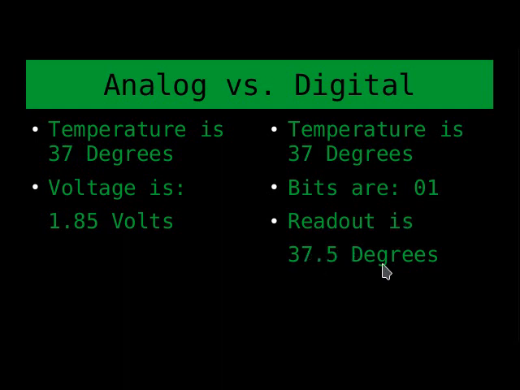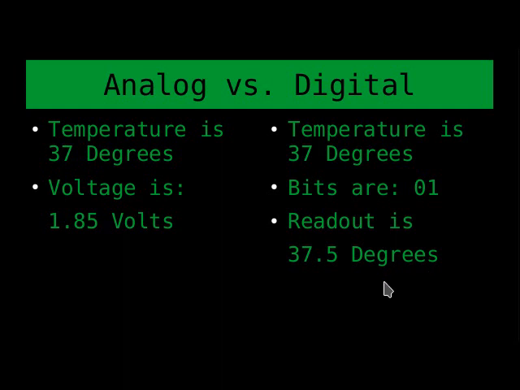So if I was actually going to build a reader for this and read this out in human language, 37.5 would be pretty accurate. But everything that registers in that 25 degree range to the 50 degree range, whether or not you count those just depends on how your system's set up.